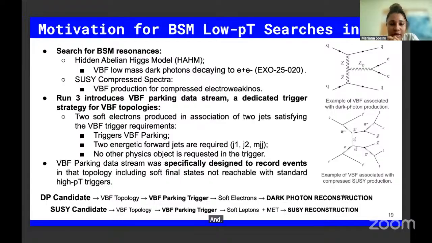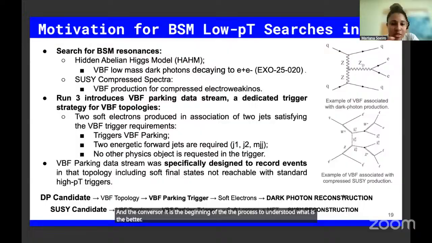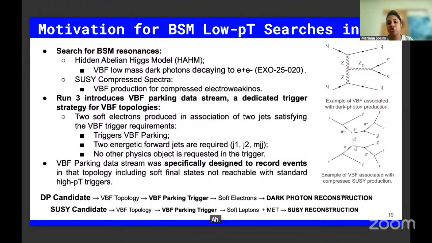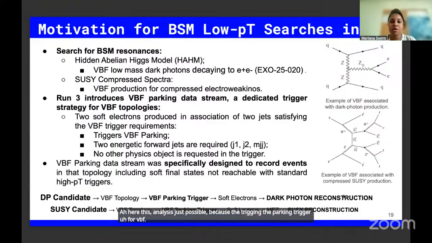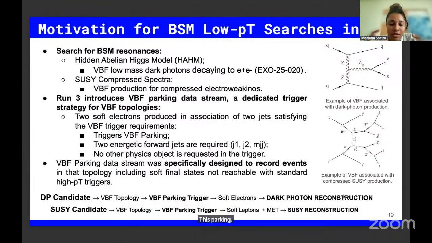And the compressed spectra is at the beginning of the process, to understand what is the better strategy and whether this analysis is good to continue. This analysis is only possible because of the parking trigger for VBF, which gives us the opportunity to understand electrons with low PT.